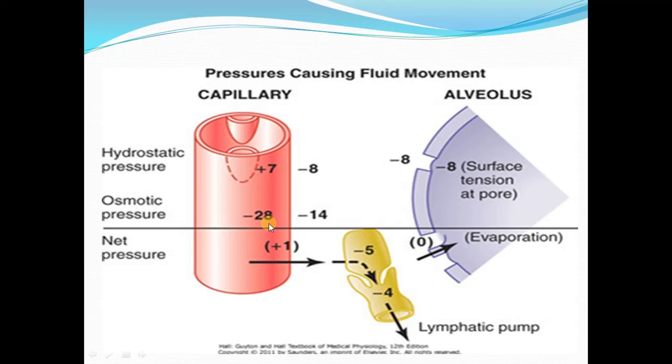This is an inward force keeping the fluid within the pulmonary capillaries, while hydrostatic pressure of the blood is an outward force. -8 is the interstitial fluid hydrostatic pressure, and this is the interstitial fluid colloidal osmotic pressure, which is an outward force.